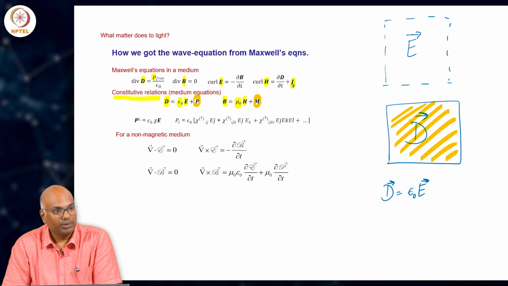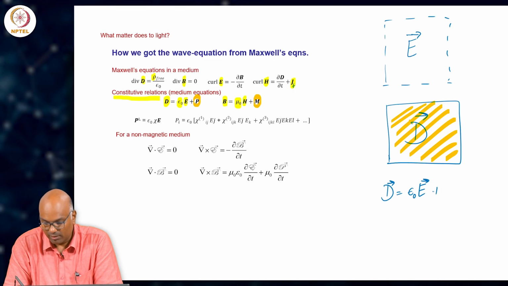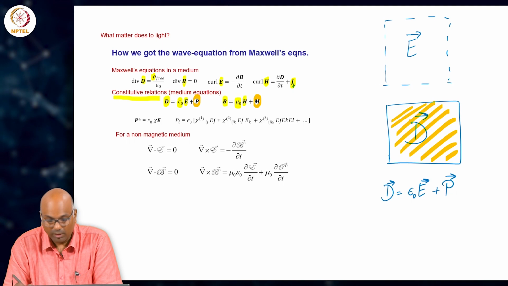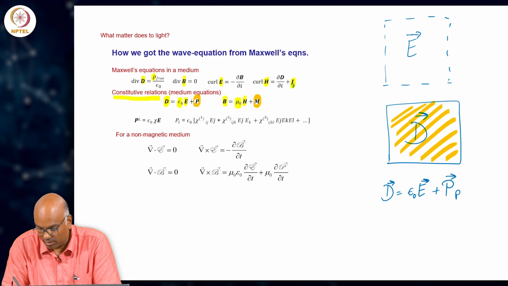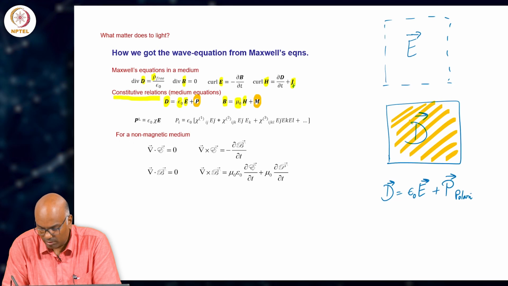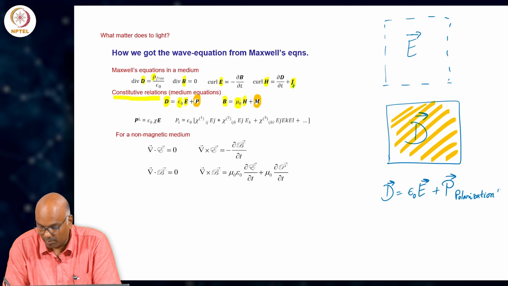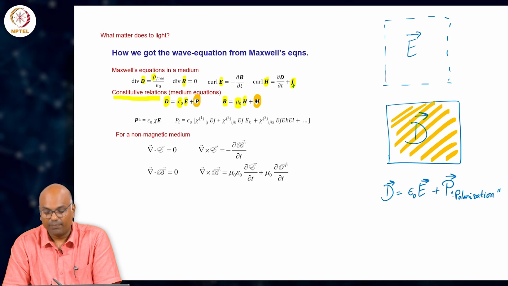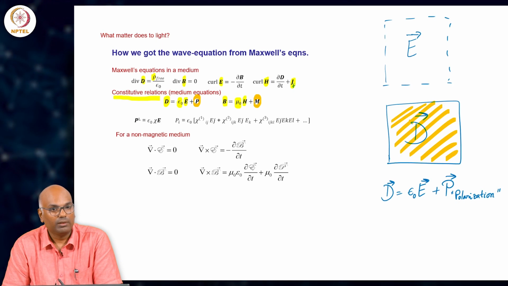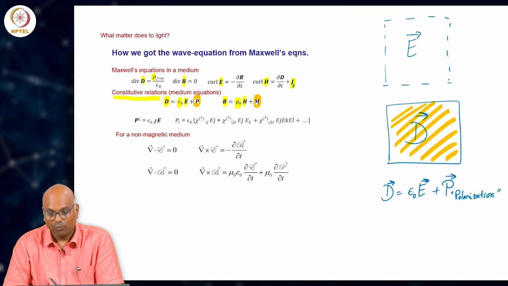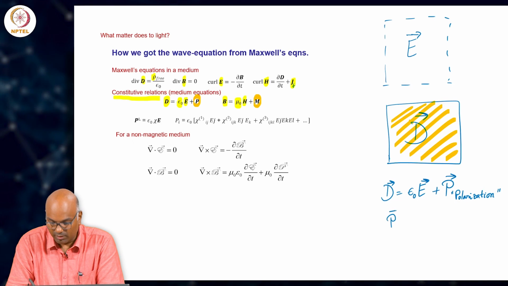The pristine field E plus another field P, which is called, ironically the same term that is doubly used here, the polarization in the medium. What is polarization in the medium?